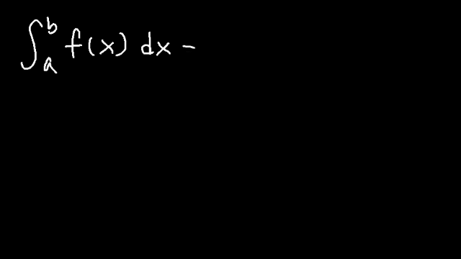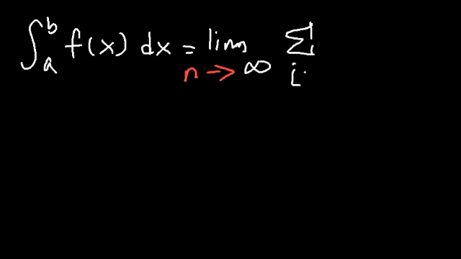Sometimes you may want to find the area using the definition of a definite integral. The definite integral from a to b of f of x dx is equal to the limit as n approaches infinity of the sum, with sigma notation where i is equal to 1 and stops at n, of f of x sub i times delta x.